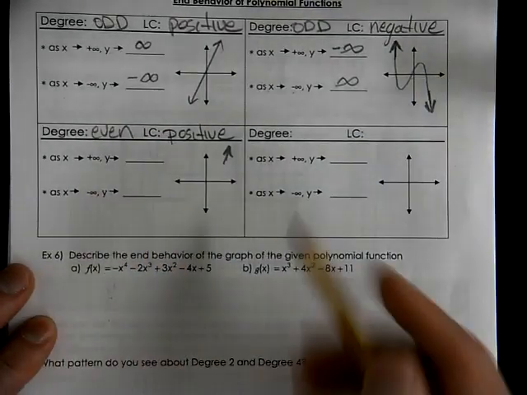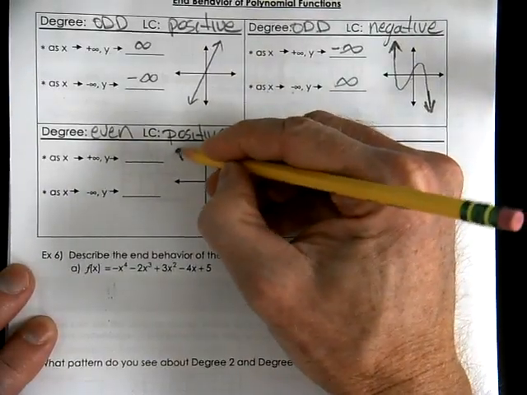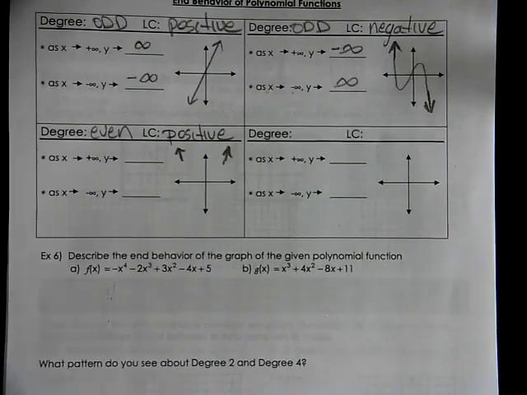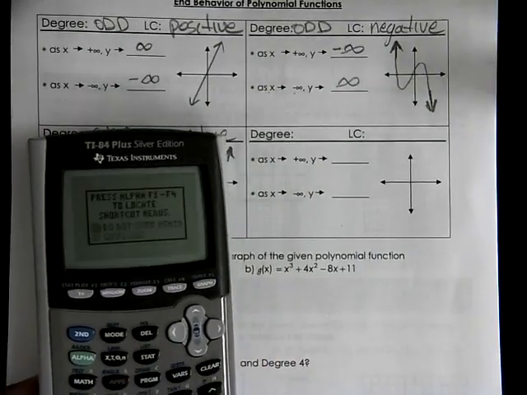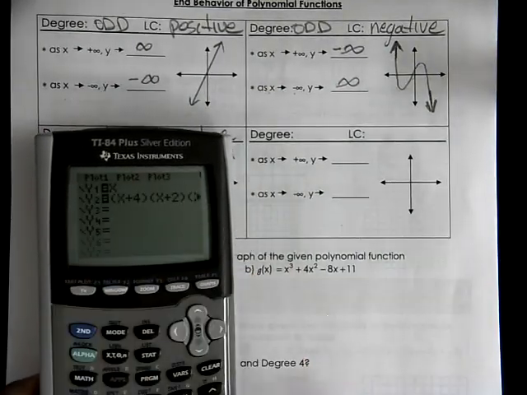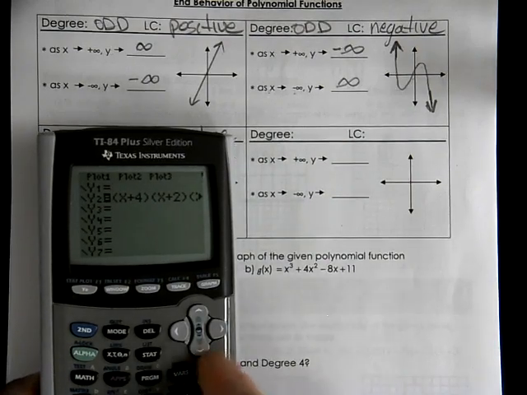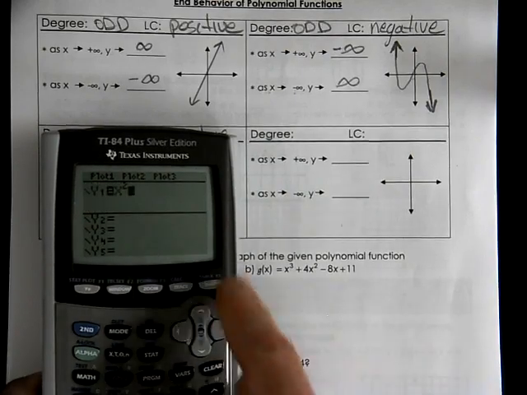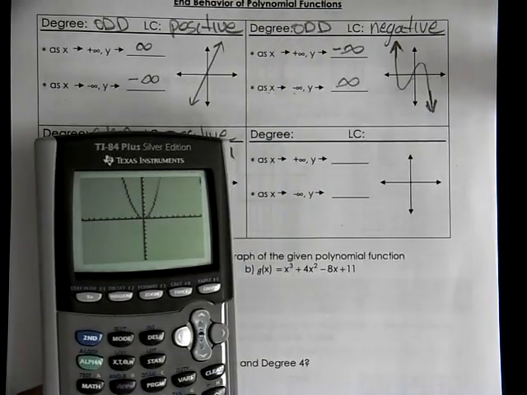Even tells us that it's going to go in the same direction. Just like quadratics you've done before. X squared, that's an even. They're both going to point up.